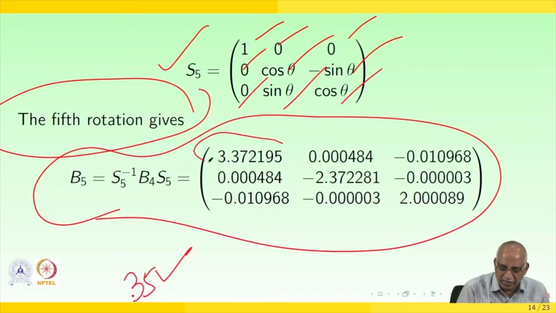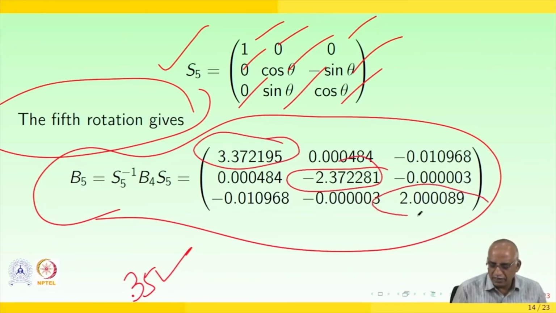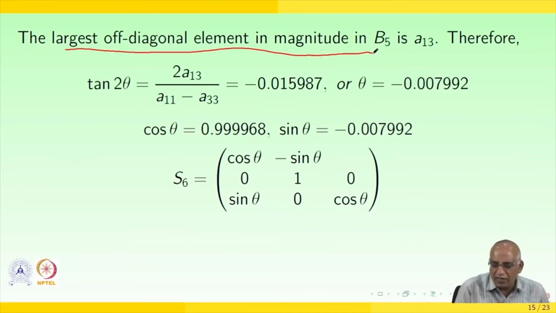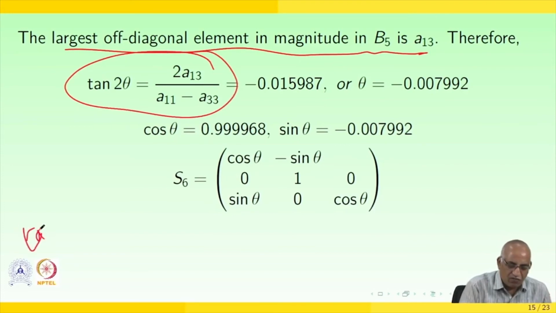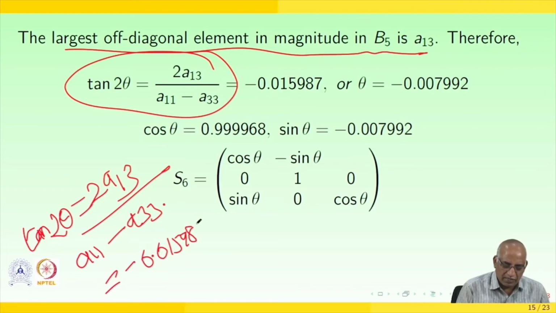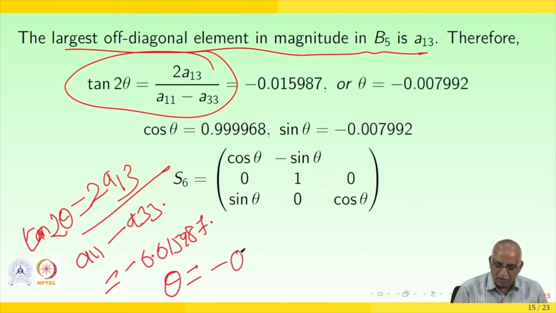So look at this. This is the A11, A22, A33. The largest off diagonal element in magnitude in B5 is A13. So therefore tan of 2 theta is equal to 2 times A13 upon A11 minus A33, which will be equivalent to minus 0.015987, or theta is equal to minus 0.00792.